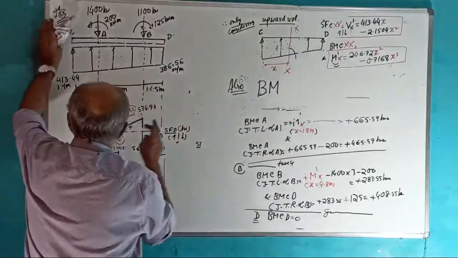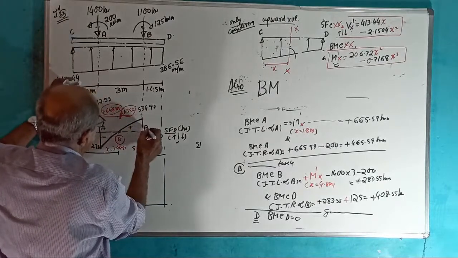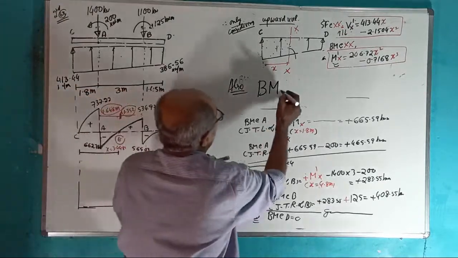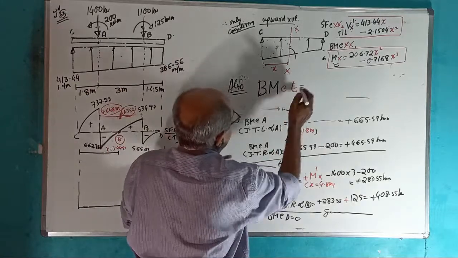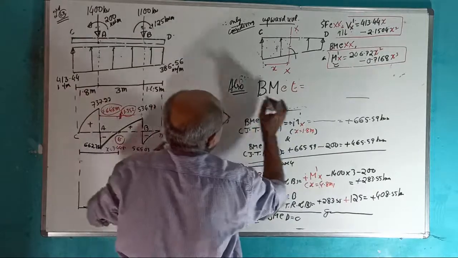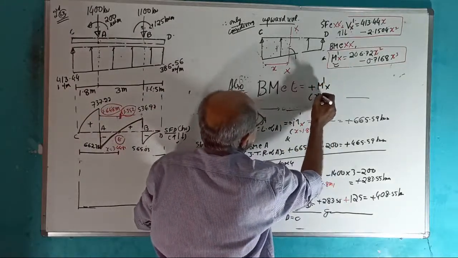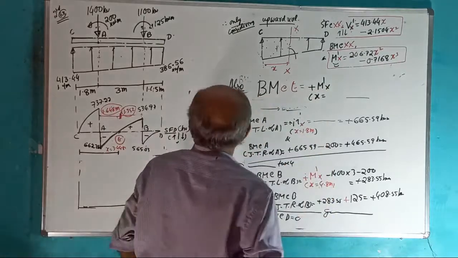One crossing point is A, already over. B also you already know, but one more point E is there. BM at E equals, what do you do? Somewhere here BM, look that side. It is plus M dash X for X equal to how much? Tell me. X from here.